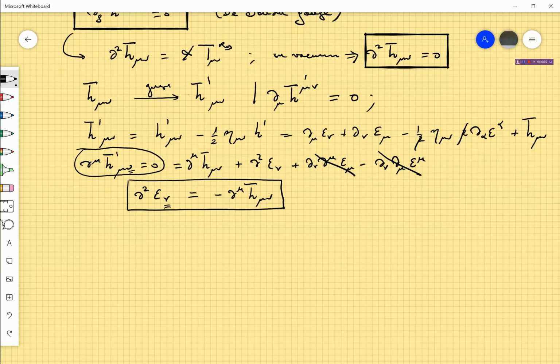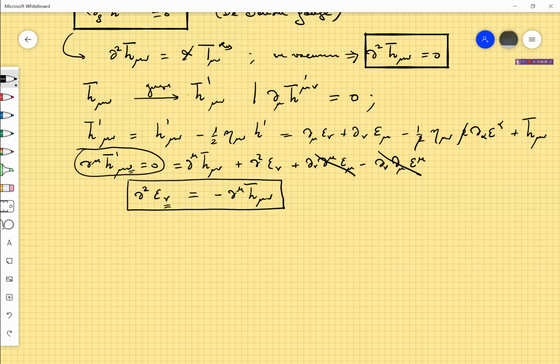So these are 4 restrictions, 1 for each value of this index nu. So out of the 10 original components of h bar, we have been able to fix 4 of them. You can think that you have removed them as degrees of freedom. You have found relations between all the components of h bar. As a matter of fact, you have eliminated 4 out of the 10 degrees of freedom, so you still have 6.